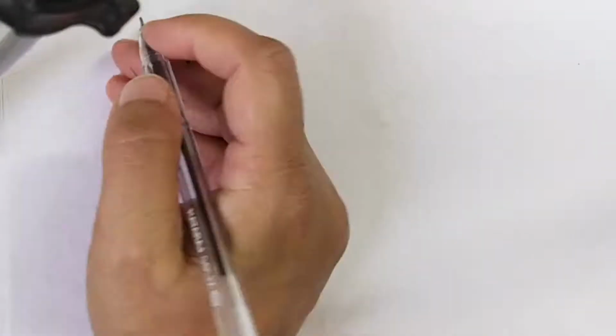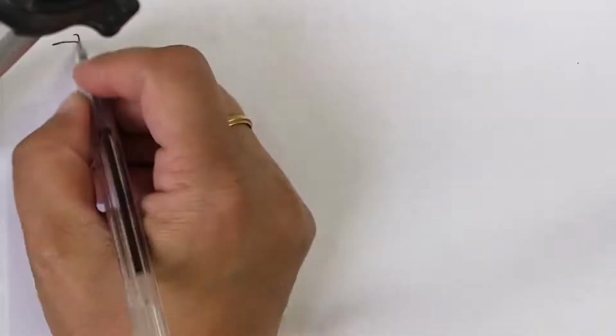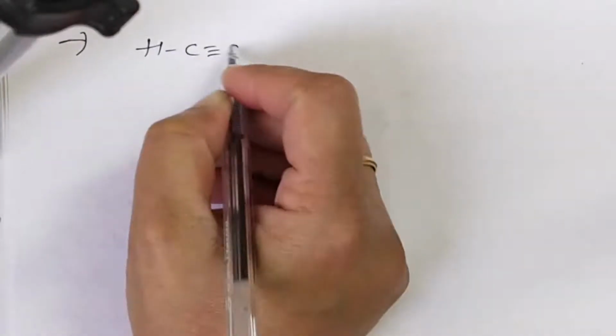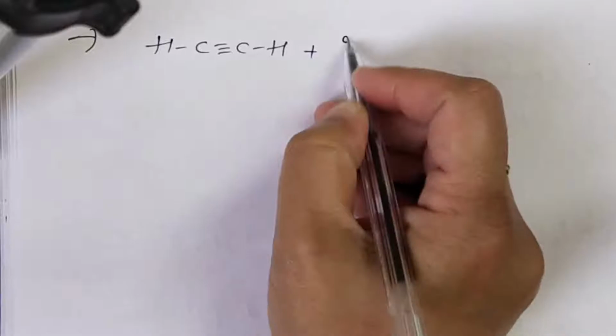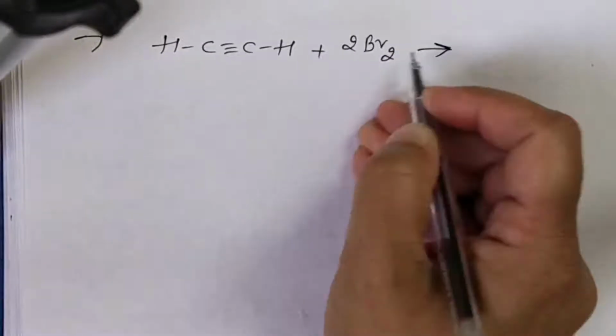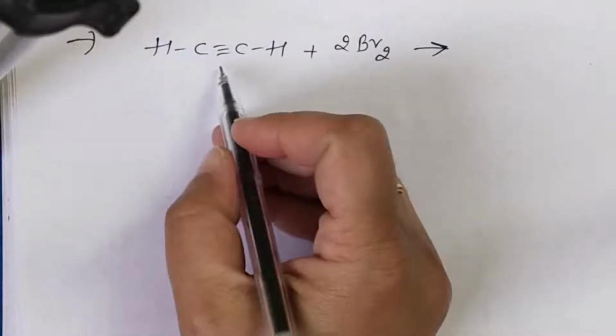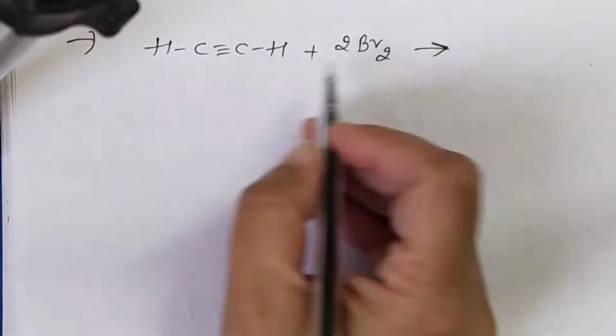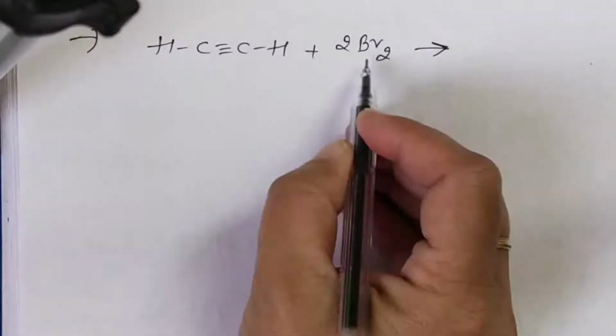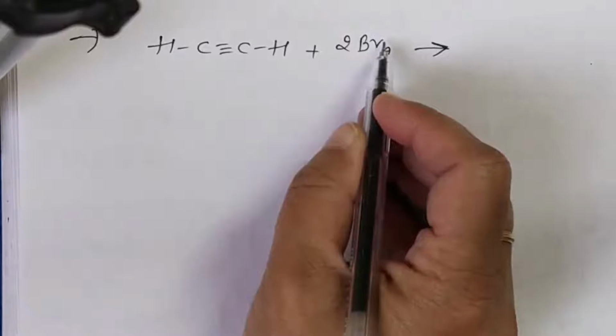If we take the example of the ethyne molecule, as it has a triple bond, and we add bromine molecules, two bromine molecules, that is 2 into 2, 4 bromine atoms, it should be added in such a manner that 4 bromine atoms form 4 covalent bonds and convert it into a saturated compound. What will be the IUPAC name of this compound?